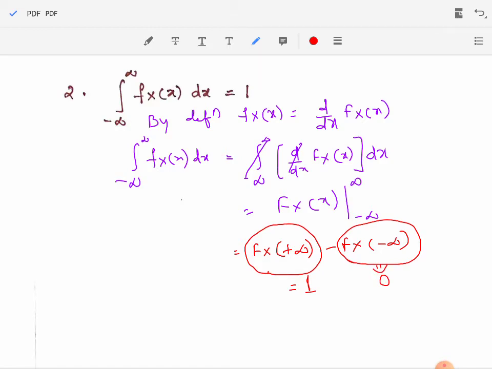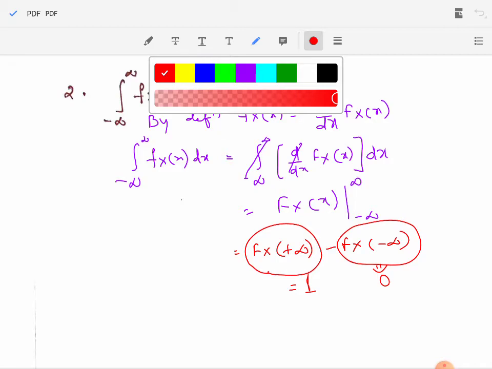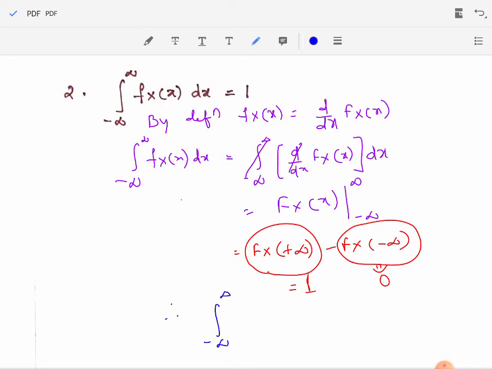Substituting this, the integral from minus infinity to infinity of f_X(x) dx is equal to 1 minus 0, which is 1.